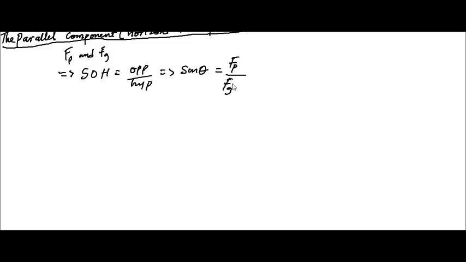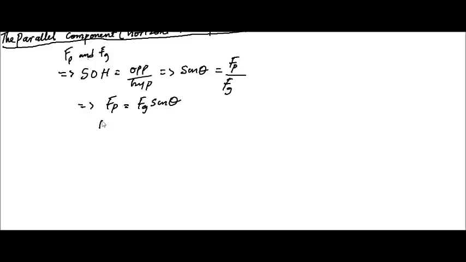But because we are looking for Fp, that's the parallel component, this implies that F subscript p is equal to Fg sine theta.